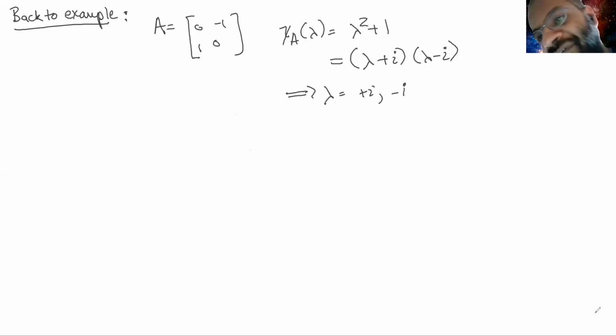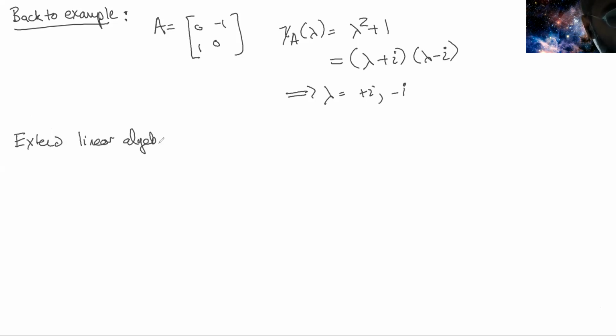But what about eigenvectors? So now to talk about eigenvectors, I actually need to extend my concept of a vector space. We will now extend all of linear algebra to complex numbers.